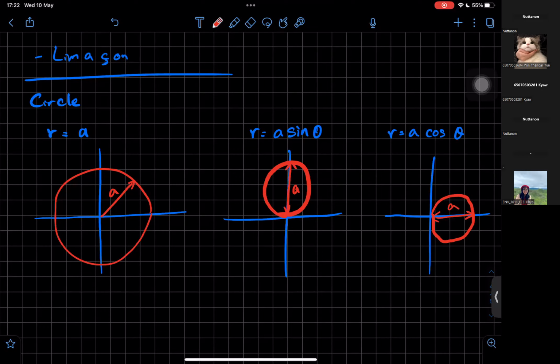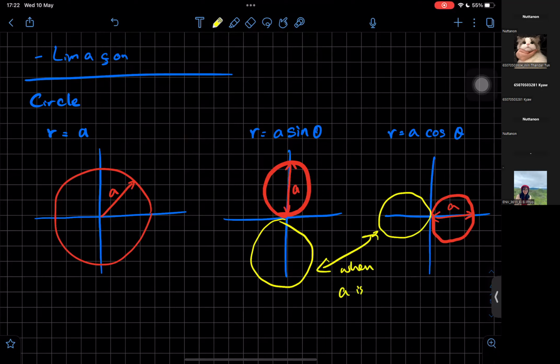Many students make this mistake. And if a is negative, then it's going to go downstairs. If a is negative, then it's going to be here.